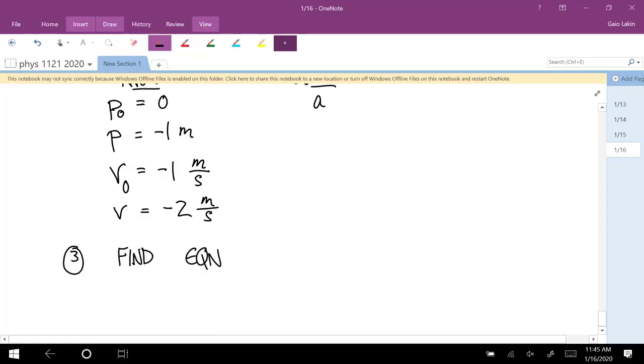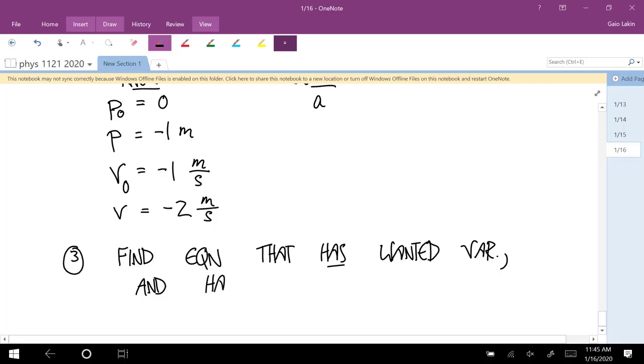Now all we have to do is find an equation that lets us work with this. So find an equation that has the wanted variable, because you can't solve for something that's not in the equation, and has no other unknown variables.